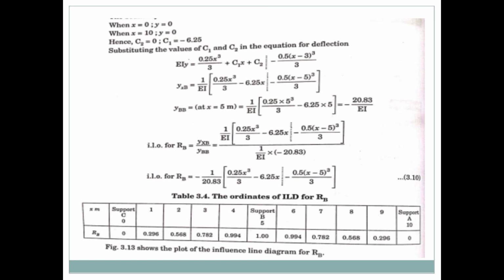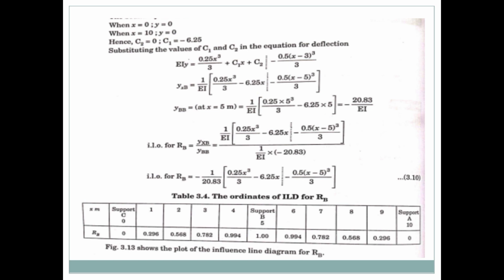EI y is equal to 0.25 x cube divided by 3 plus C1x plus C2 minus 0.5 (x minus 5) cube divided by 3.